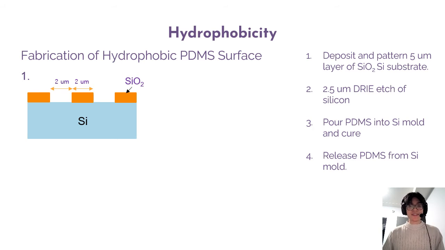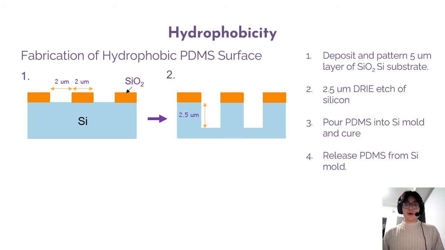So starting with a silicon substrate, we can deposit a 2 micron layer of silicon dioxide and pattern it using conventional lithography. Maskless exposure can be carried out using the MLA maskless aligner in the quantum nanofabrication facility. Next, reactive ion etching is performed to transfer the pattern to the silicon dioxide layer.